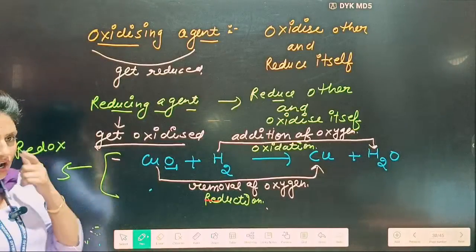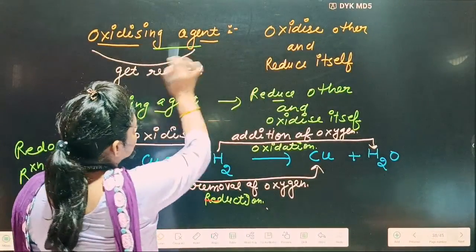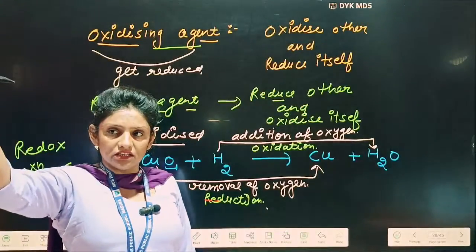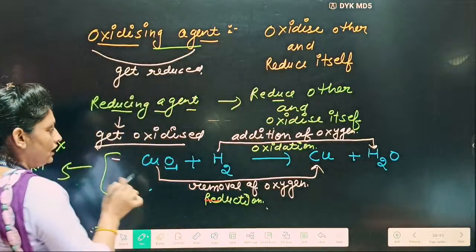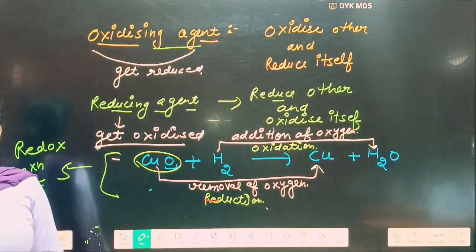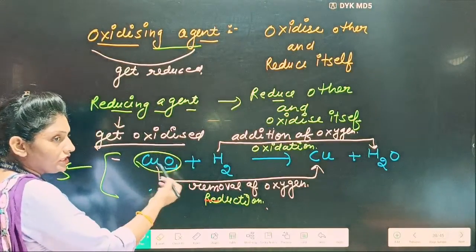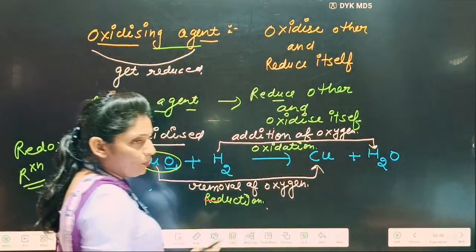Now students, we will talk about the oxidizing agent. Oxidizing agent means which oxidizes other and reduces itself. So which one gets reduced here? Here this copper oxide, you can see it is reducing because it is losing its oxygen. It is losing its oxygen and converting into copper.